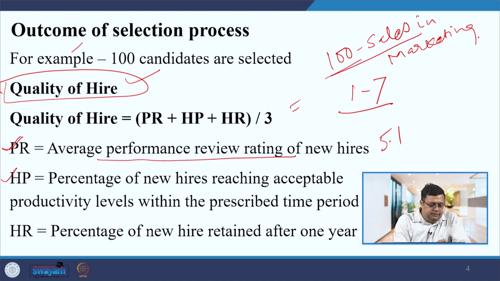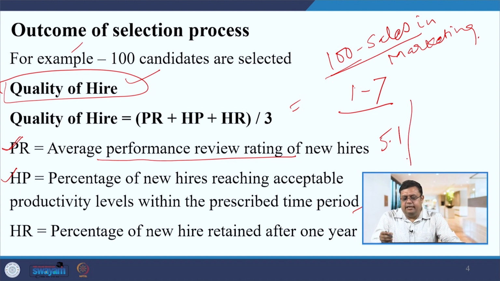The second parameter is the percentage of new hires reaching an acceptable productivity level within the prescribed time period. Here, whatever standard we have selected for these new people, let us assume we have decided they will achieve their target.